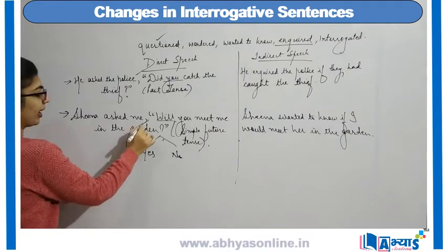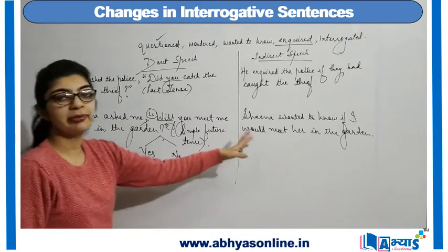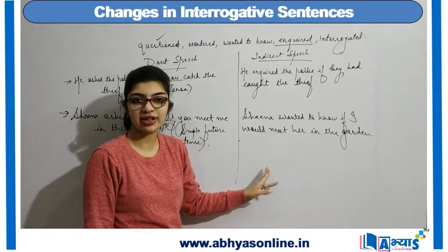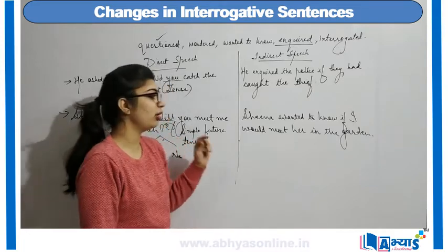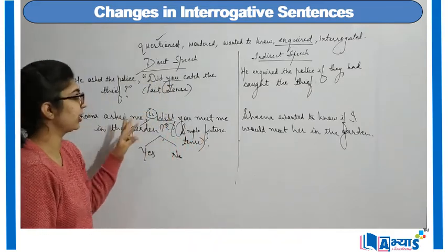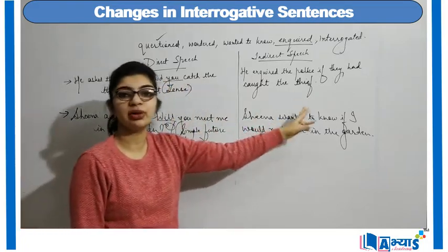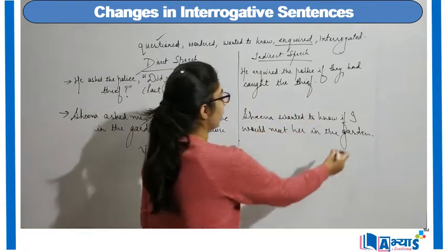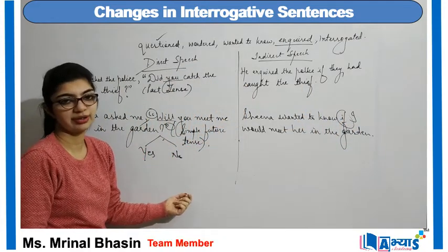So again, my commas and inverted commas are eliminated. I am not making use of the conjunction that, because that is not used while converting interrogative sentences from direct speech to indirect speech. I will be making use of if because this is a yes-no question.